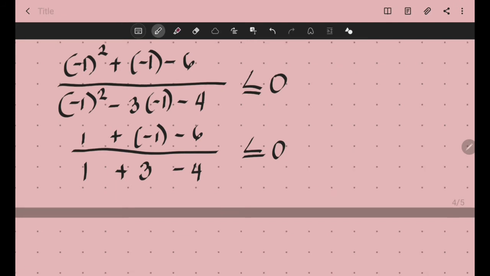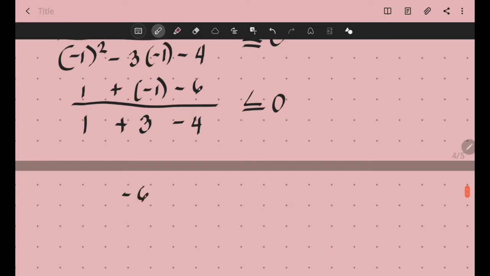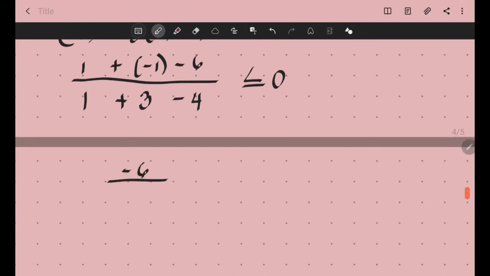Minus 6, we have negative 6 all over 1 plus 3 is 4 minus 4, and that is 0. Is it less than or equal to 0? You have noticed negative 6 all over 0 is what we call the undefined. So therefore, this negative 6 all over 0 is less than or equal to 0 is false.